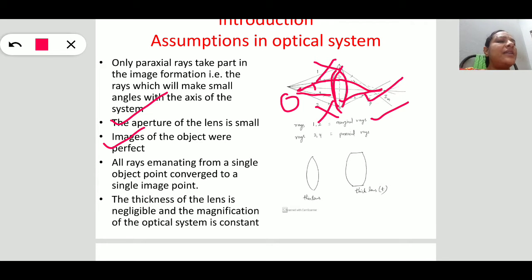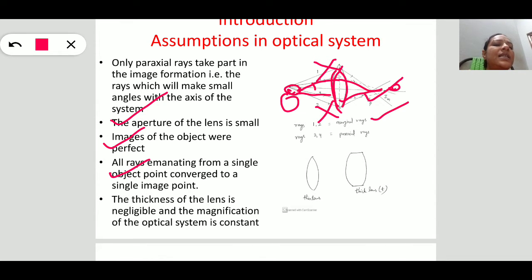We can't get a 100% perfect image in the universe. Similarly, we assume all rays emanating from a single object point converge to a single image point, but this is also not true.